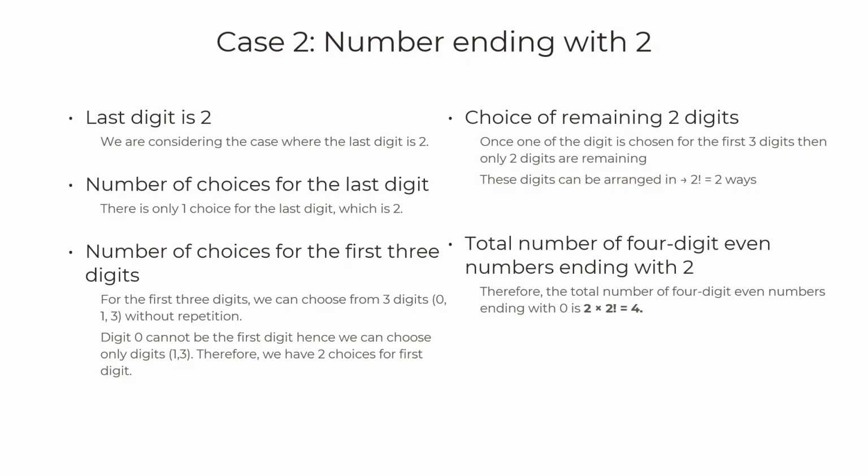Now let us consider the second case wherein the last digit is 2. In this case, we have space for 3 digits. The 3 remaining digits are 0, 1 and 3. Now this is slightly different from the previous case.